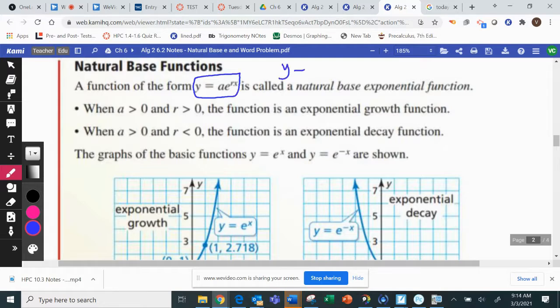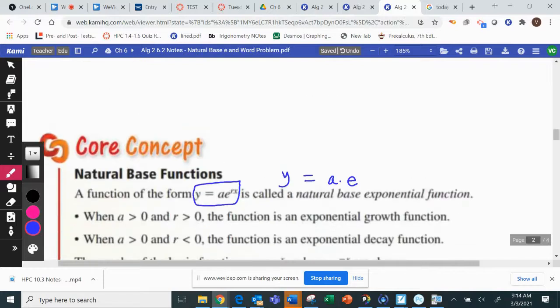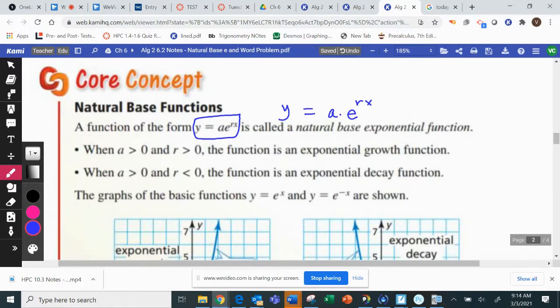It says y equals some number a multiplied by e to the rx power. So if r is positive and a is positive, that's what this is saying right here. If a is positive and r is positive, then we've got growth.